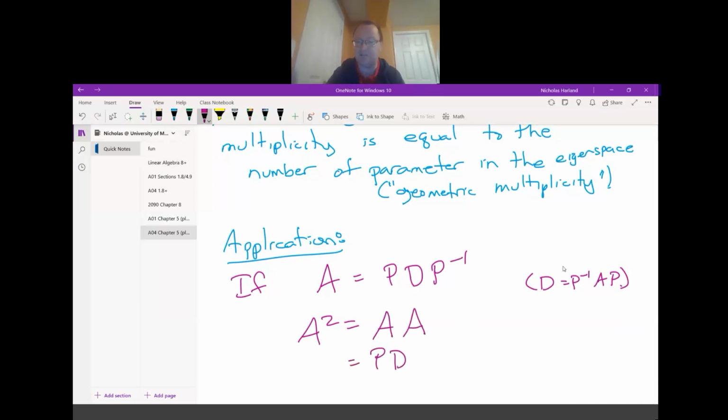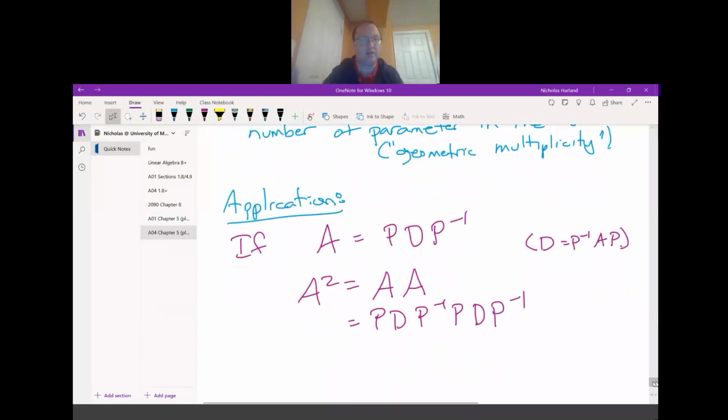So that's PDP inverse times PDP inverse. Now again, why can't we just say P cancels with P inverse, P cancels with P inverse, and get D squared? They only cancel if they're next to each other, because you can't change the order.